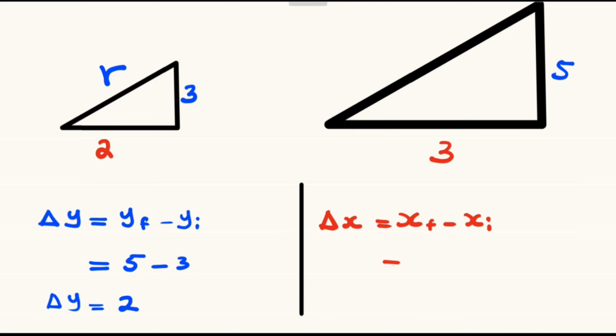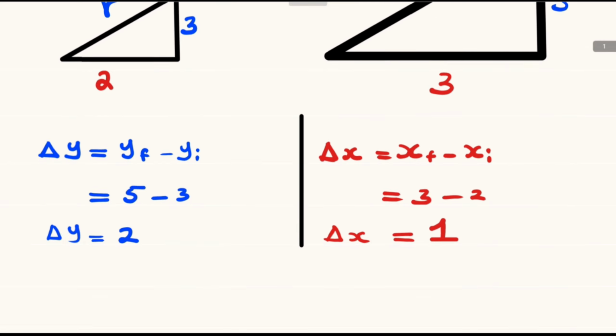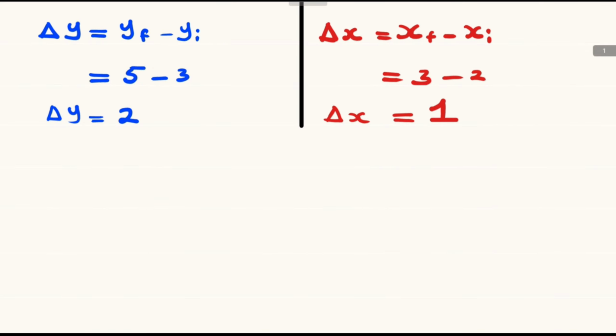And our x final is equal to 3 millimeters, and our initial x was equal to 2 millimeters. So change in x is 3 minus 2, which is 1. You can always use x2 minus x1 and y2 minus y1 instead of the final and the initial as our subscript. Now we have to link the x, the y, and the r using the theorem of Pythagoras.